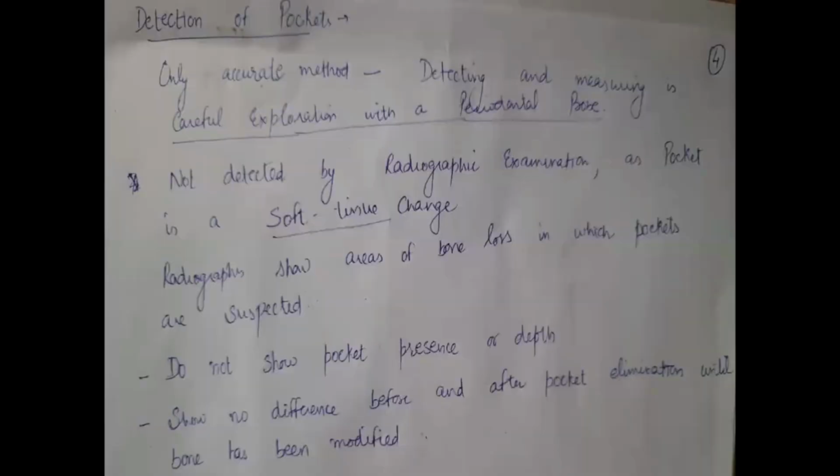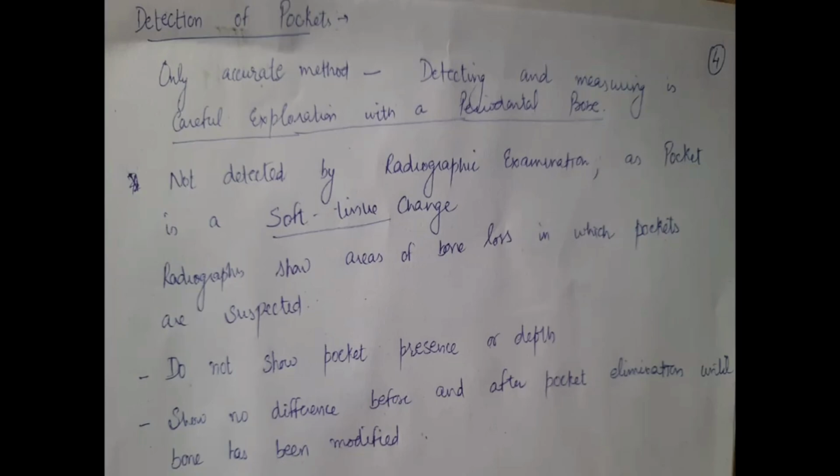Now, detection of pockets can only be done by a periodontal probe, by walking a periodontal probe into the periodontal pocket. This is the only accurate method of detecting and measuring the pockets. This is not detected by radiographic examination as a pocket is a soft tissue change and you cannot see a pocket on a radiograph.